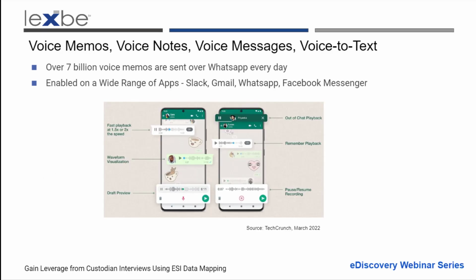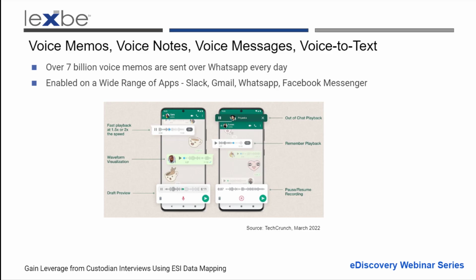There is a constant evolution and adoption of evidentiary ESI sources. Voice memos, voice notes, messages, and voice-to-text capabilities have exploded in popularity with relatively little coverage in the media. With over 7 billion voice memos sent over WhatsApp daily, this is a well-established and rapidly growing evidentiary source for many matters.